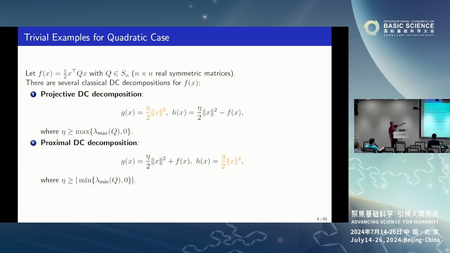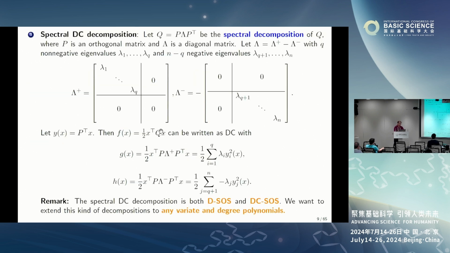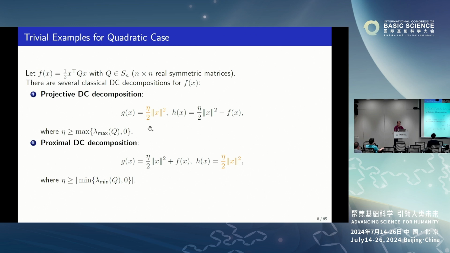The first is called projective DC decomposition. It is just to find some large enough parameter mu such that the first convex component G is a square, and the rest is not necessarily a square. So here we can use the square to get a decomposition. It is a DC if mu is, for example, larger than the largest eigenvalue of the matrix Q, and of course, if it's negative, we should take that.